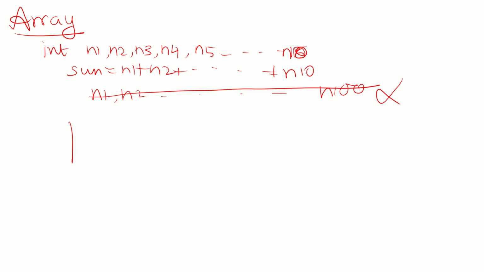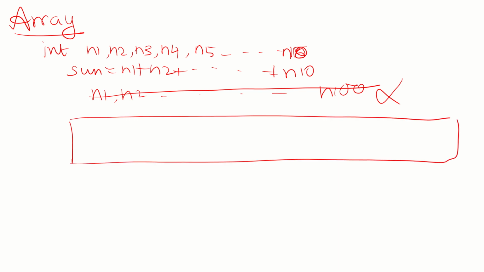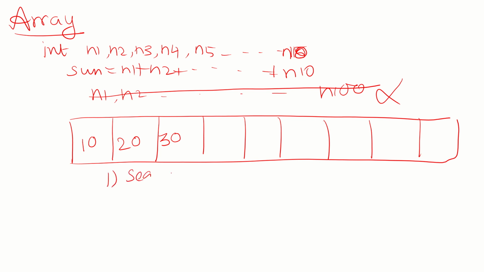So what is an array? An array is a set of elements of the same data type. Everything is integer means int only. So you can just store the first number here, second number here, third number here. An array is a sequence of similar data types.